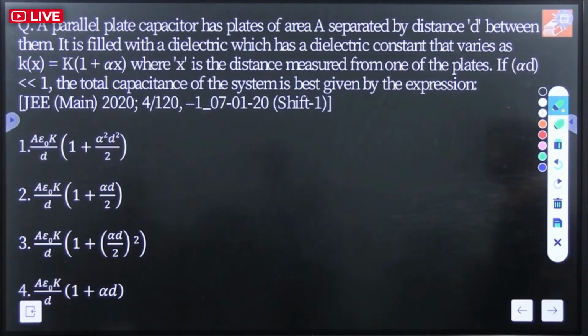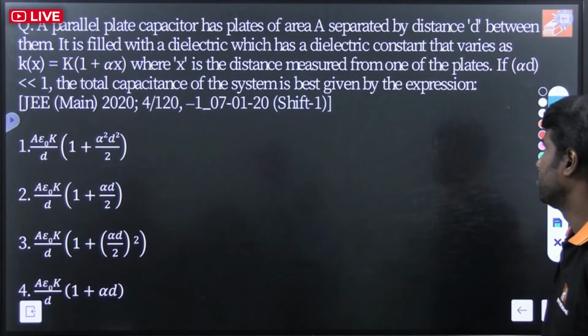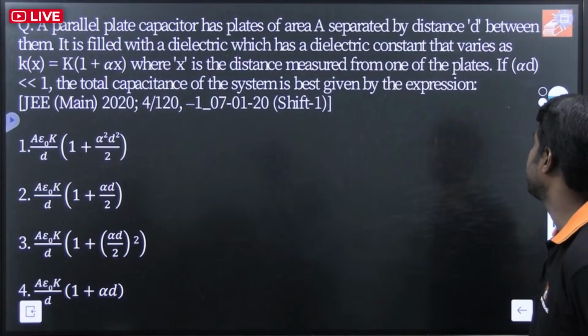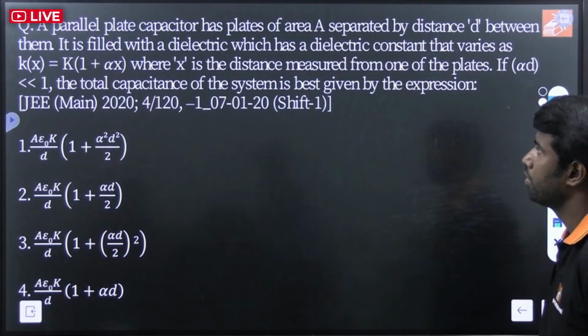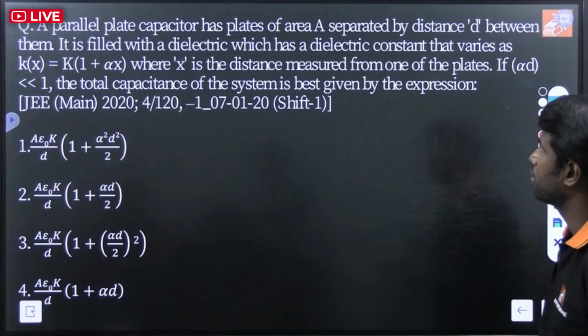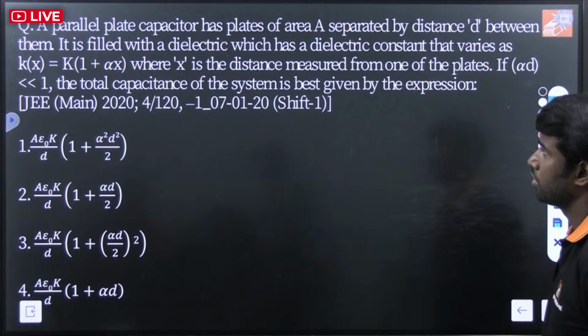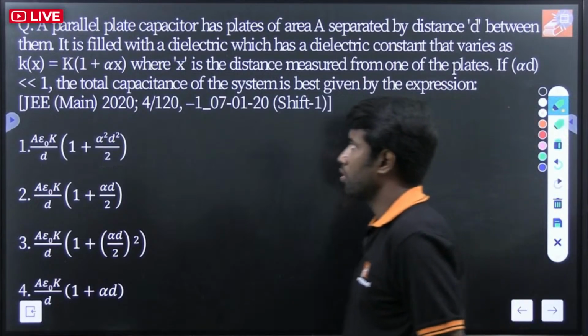Chalo. A parallel plate capacitor has plates of area A separated by distance D between them. It is filled with a dielectric which has a dielectric constant that varies as K of x equal to K into 1 plus alpha x.